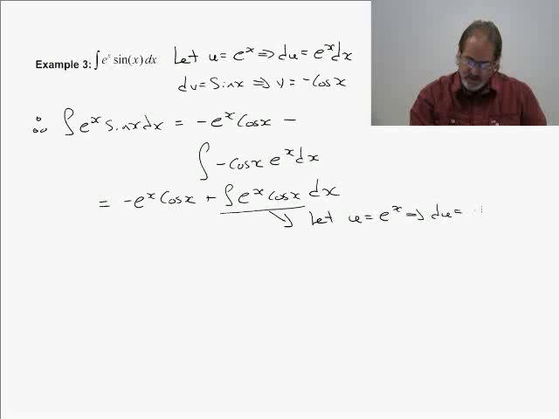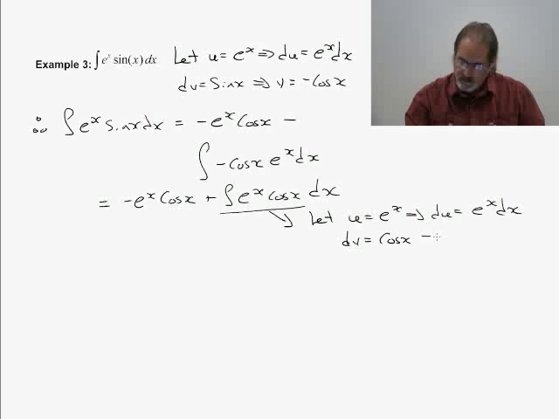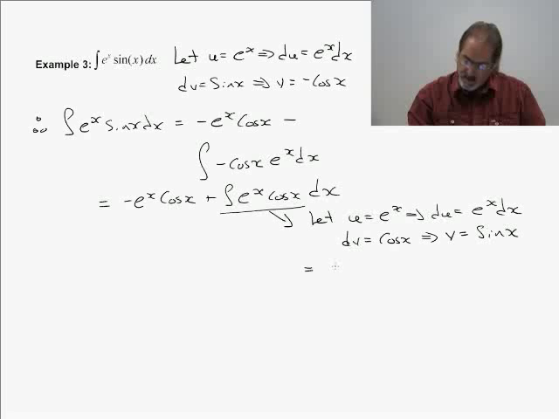That means that dv will be cosine of x, which implies that v, the integral of cosine, is simply sine x. So this piece will actually be equal to uv, that's e to the x sine x, minus the integral of v, which is sine x, du, which is e to the x dx.